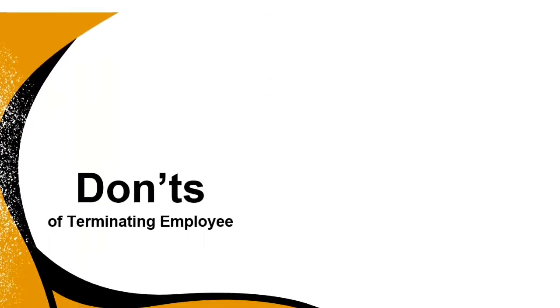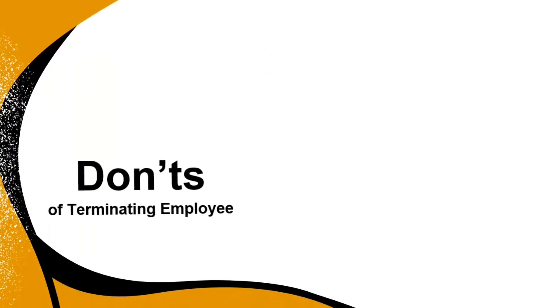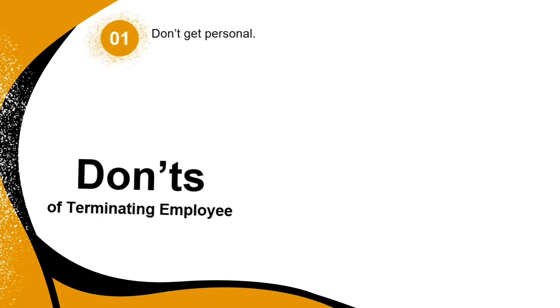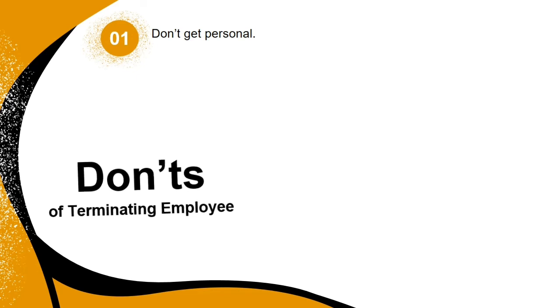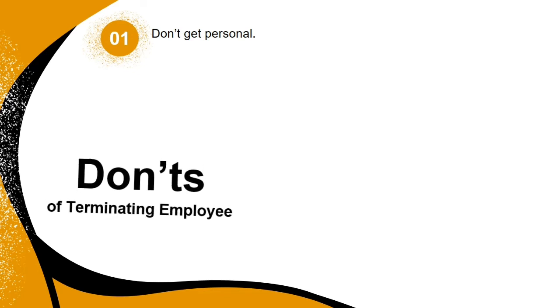Now, how about the don'ts or things to be avoided in terminating an employee? First is don't get personal. The grounds in deciding for the termination of the employee should not be biased or prejudiced, should not be made personal.